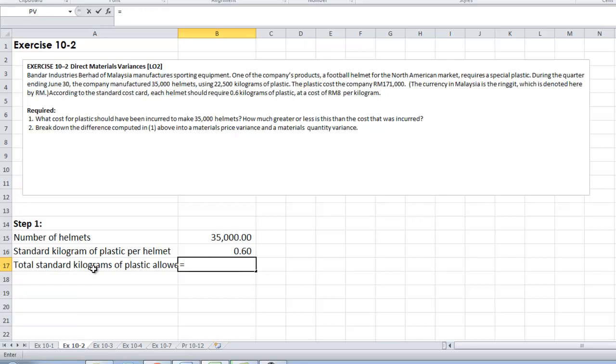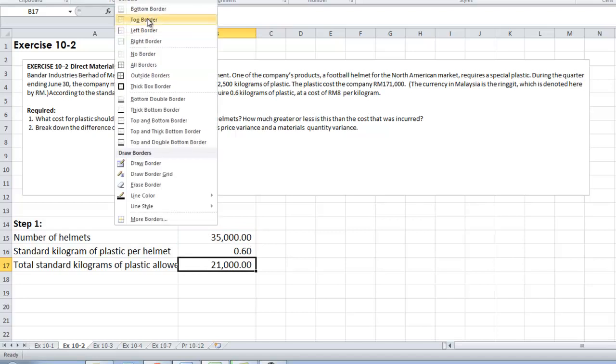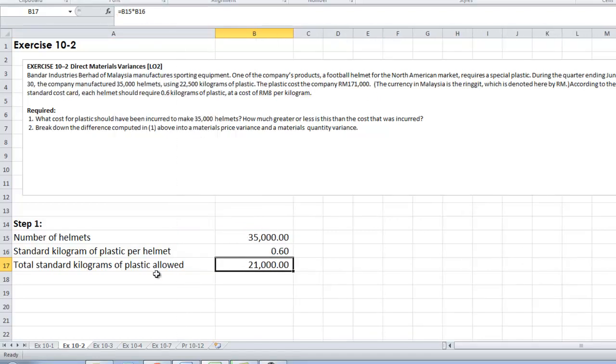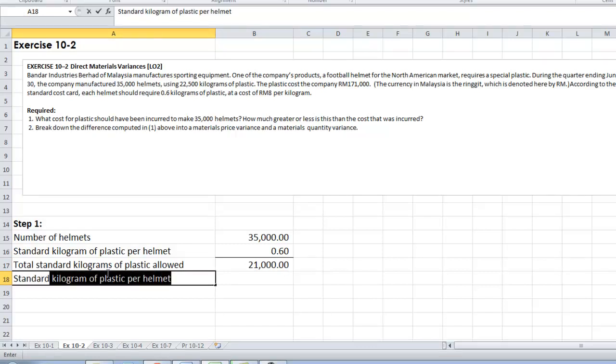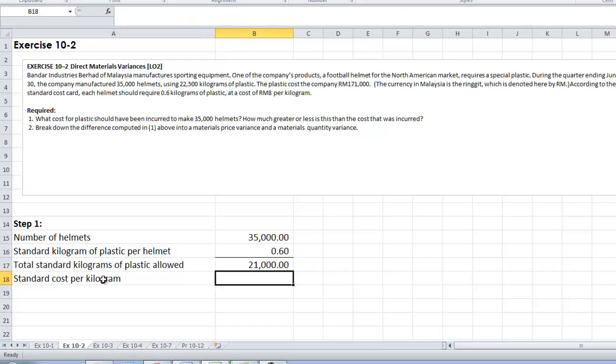Let's see how much plastic we should have used. We just multiply these two together, and we should have used 21,000 kilograms of plastic. And then we had a standard cost per kilogram of 8 RM.